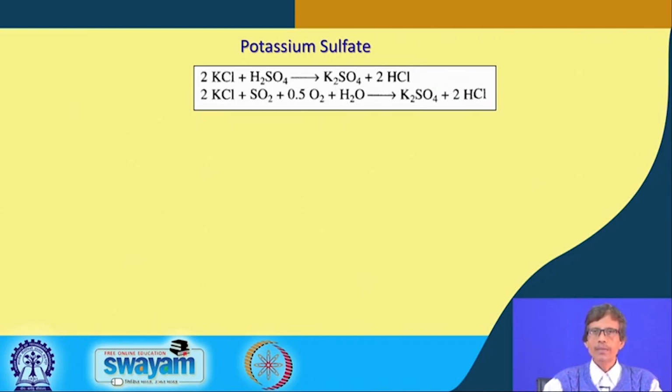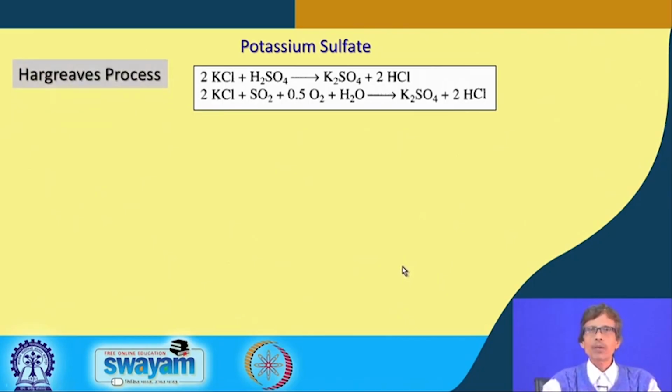Sulfur dioxide will not react very quickly with water as well as O2 to give you sulfate, but potassium chloride can have some catalytic effect for that conversion, because the material being separated from the medium is K2SO4. This process is known as the Hargreaves process. The Hargreaves process is that process, where you use either sulfuric acid or sulfur dioxide for the production of K2SO4.